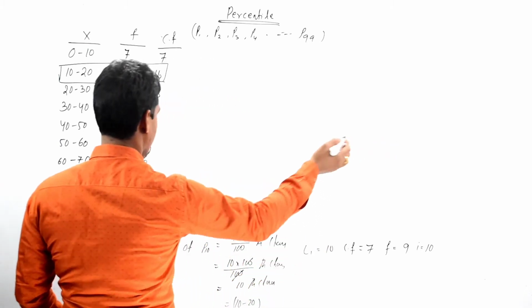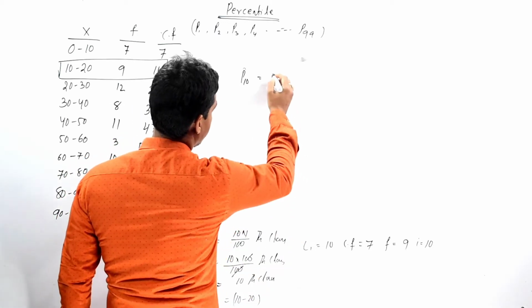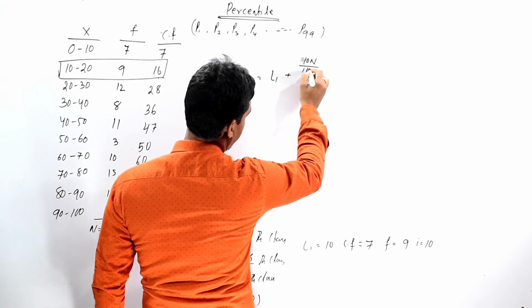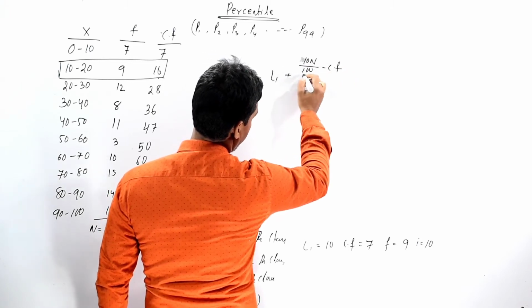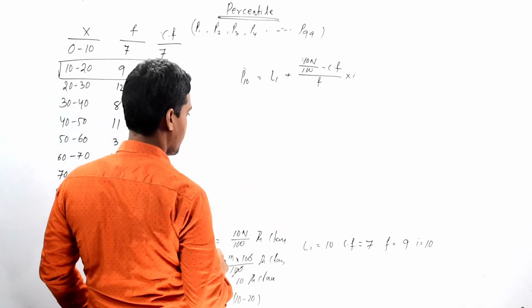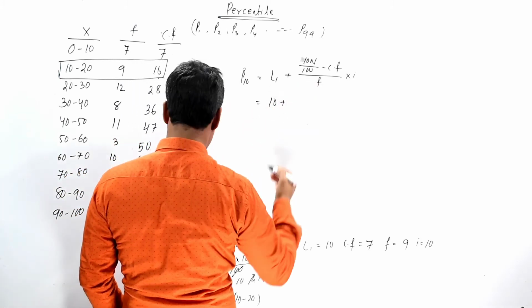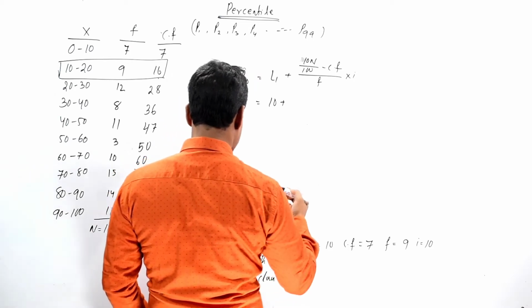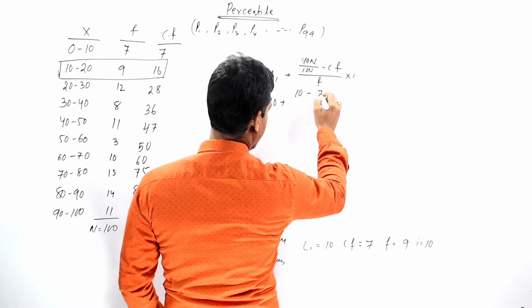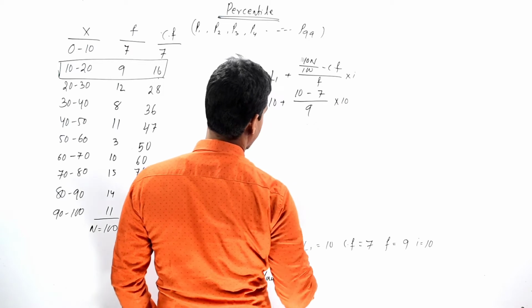Now we can find P10 by applying the rule: L1 plus 10n by 100 minus CF, divided by F, into I. Putting the values, 10 plus 10n by 100, that is 10, minus CF, that is 7, divided by 9 into 10.